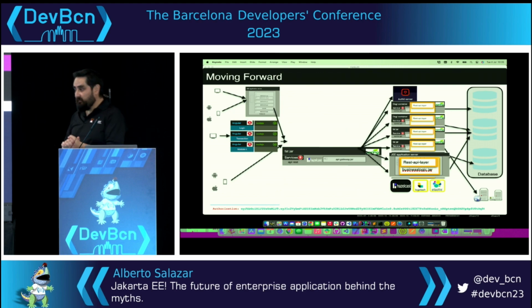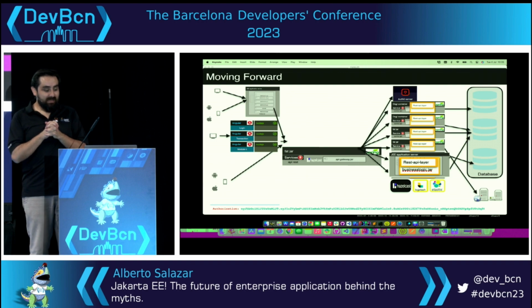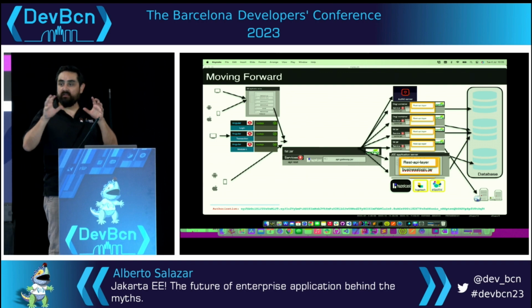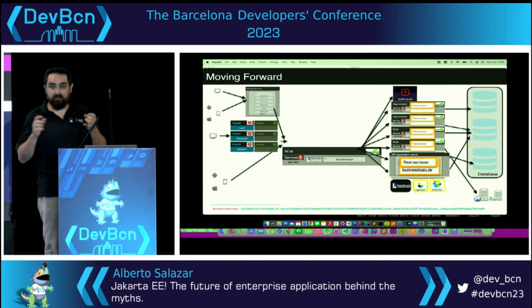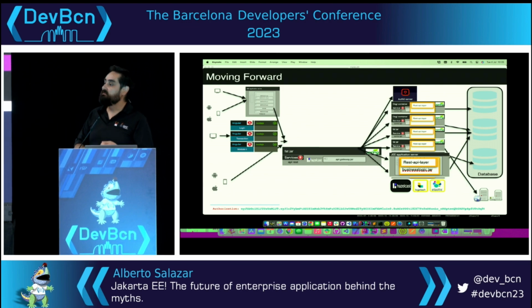So when I move forward, I handle a new kind of architecture, cleaner, with smaller modules. I put an API gateway on top of all the APIs.